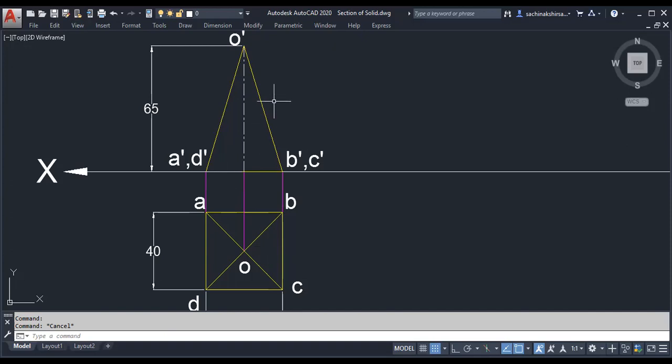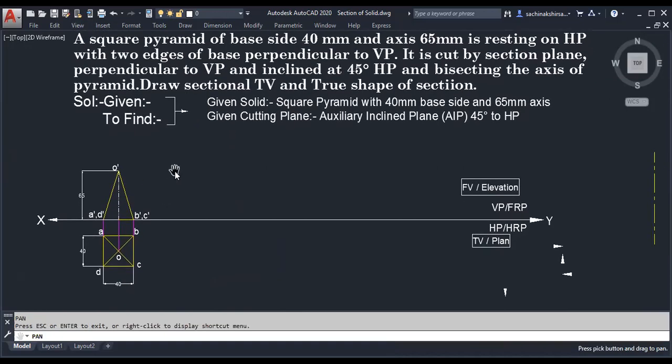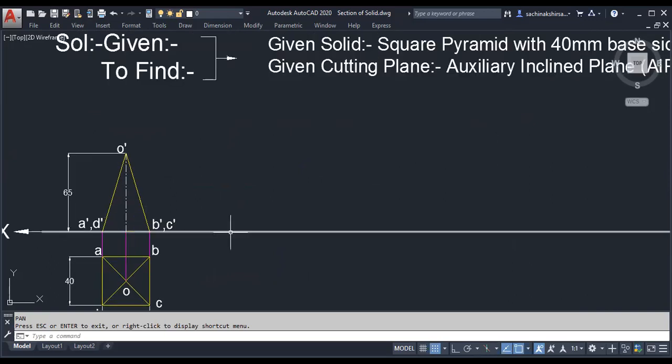Okay. Now at this stage, we have to cut this object. Now I will zoom out a little. How will the cutting plane be? The plane which is perpendicular to whom?